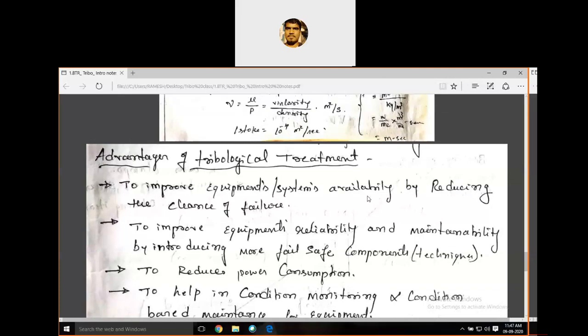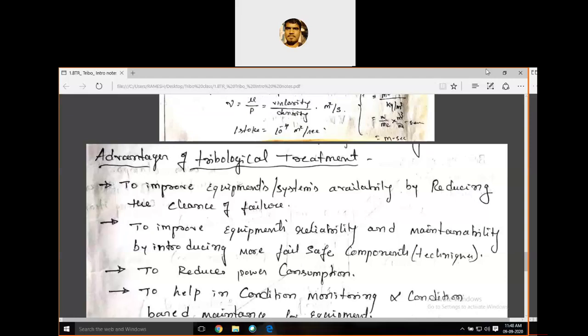First, we already discussed what tribology is and what the tribological problems are, so that you are aware of the problems, and if you properly apply the tribological solution, what its benefits are. The same thing we discuss here: advantages of tribological treatment.